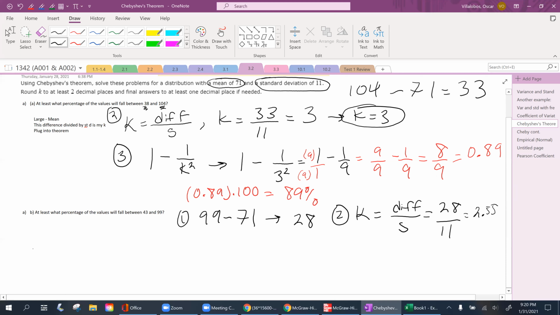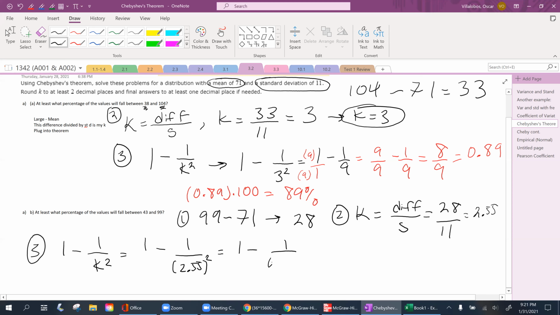So let's go ahead and plug that into Chebyshev's theorem, which is 1 minus 1 over k squared. So this is 1 minus 1 over 2.55 squared.